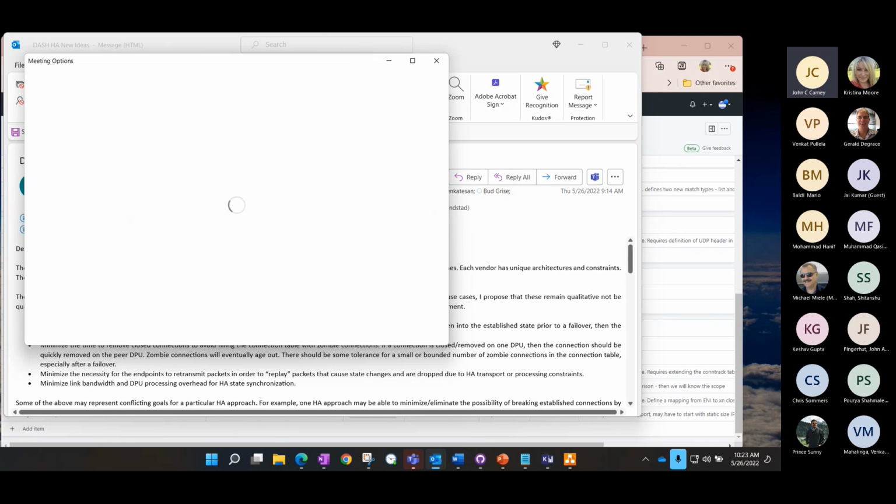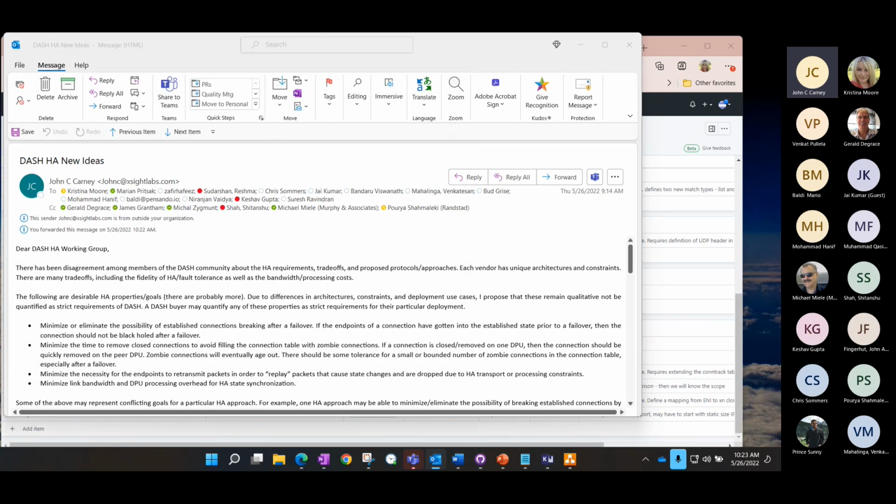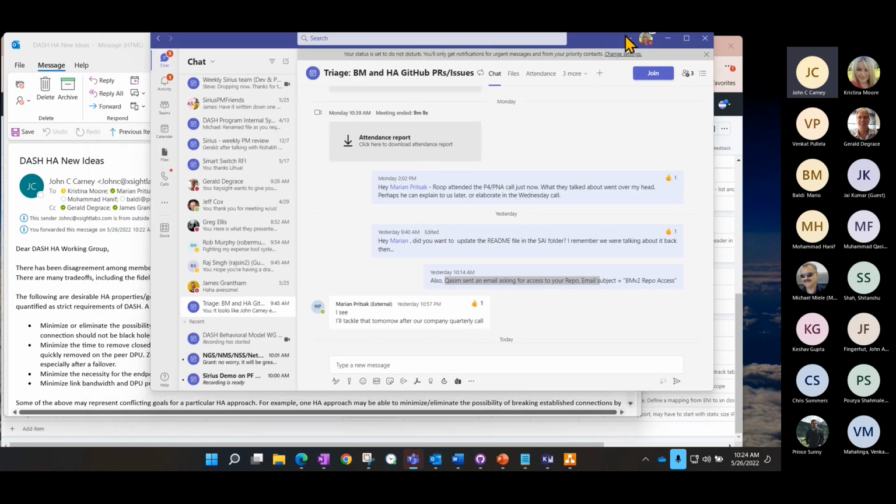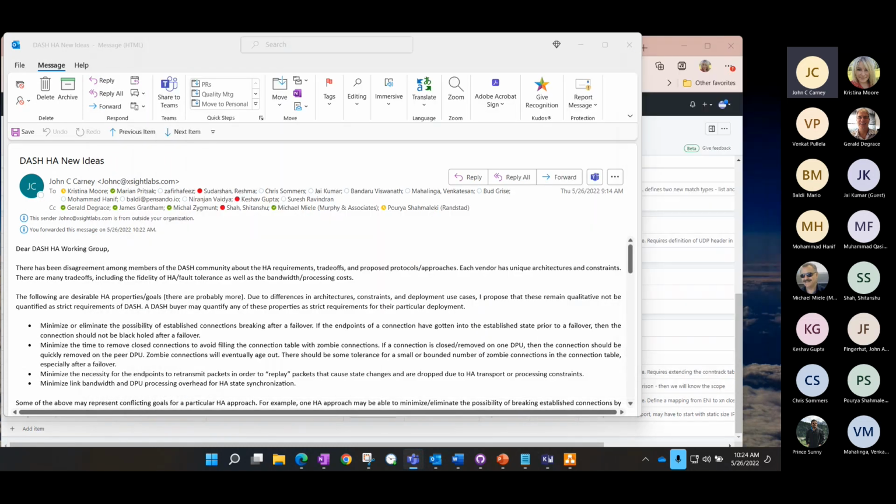I see behaviors that I think are stricter than some of the things we're doing in Dash. I wanted to understand, is it the intention of Microsoft to maintain the behaviors of the network security group feature that exists today in a Dash solution?